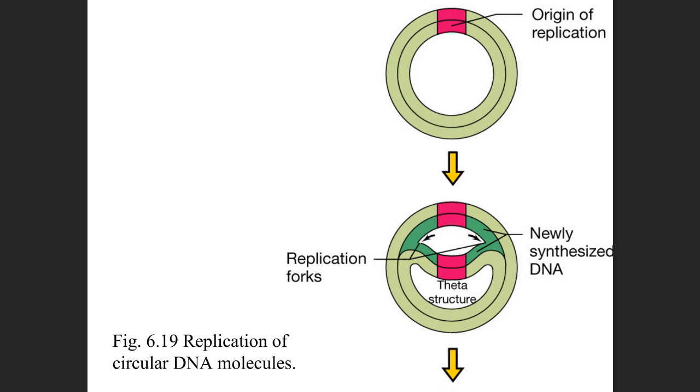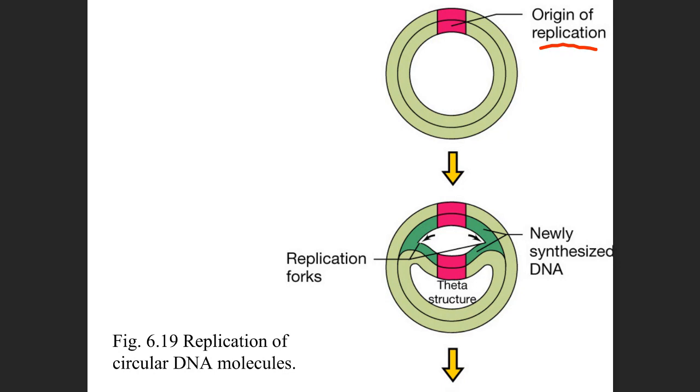Okay, so it starts from the origin of replication. And on the bacterial chromosome, there's actually a region called the origin of replication. And you would guess it's an area with lots of A's and T's. Why?